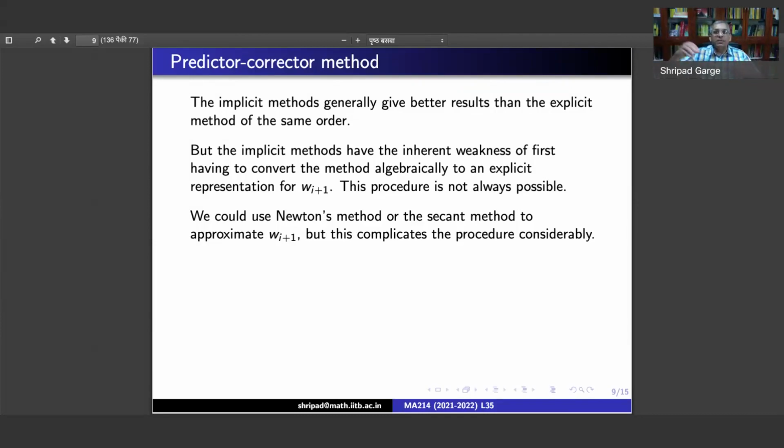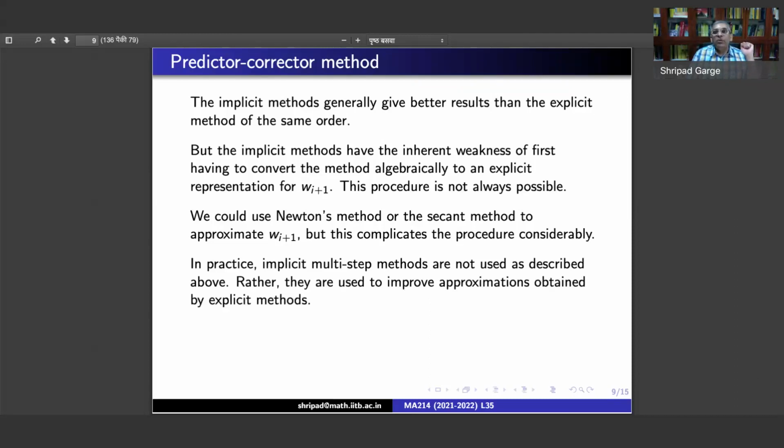So the approximation is taken too far, and we would not want to do that. So what we are going to do is not what one would expect us to do. In practice, implicit multi-step methods are not used as described above. They are not simply going to be used to compute wi plus 1. What they are going to be used for are ways to improve the existing solutions.